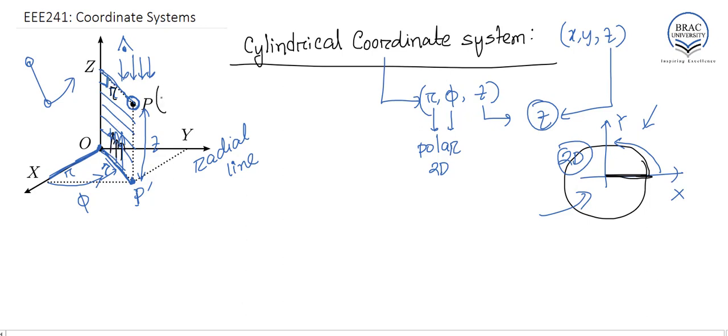So in this case, to denote the point in cylindrical coordinate system, we need three variables. R, the R is the distance of P point from the z-axis. Then phi, the angle that this line makes with the positive direction of x-axis, and the z, the elevation of this line over here, or this P point over here, from the xy plane, right?